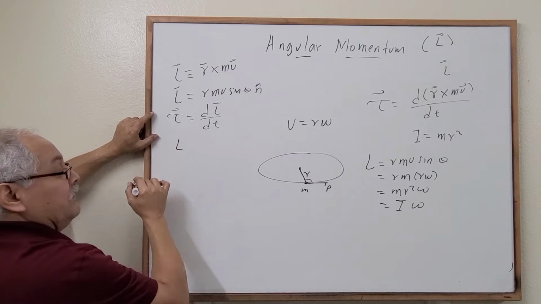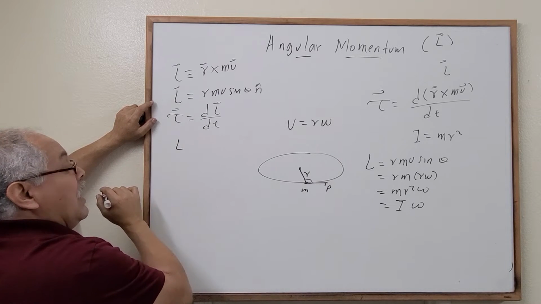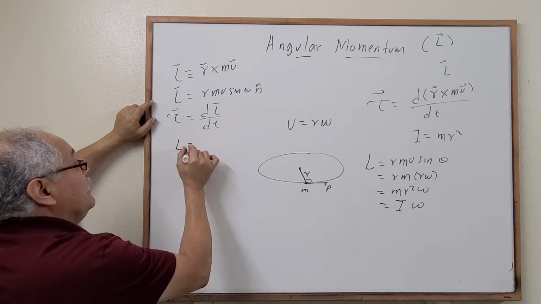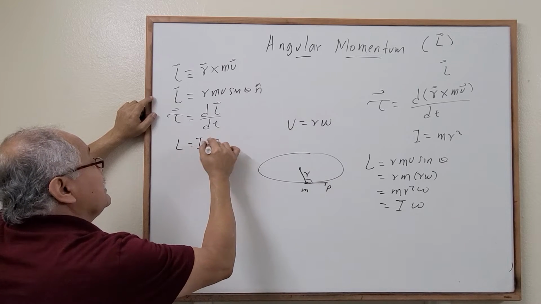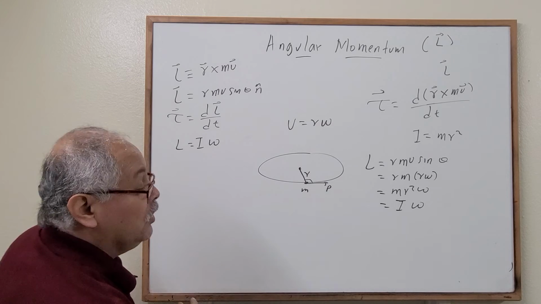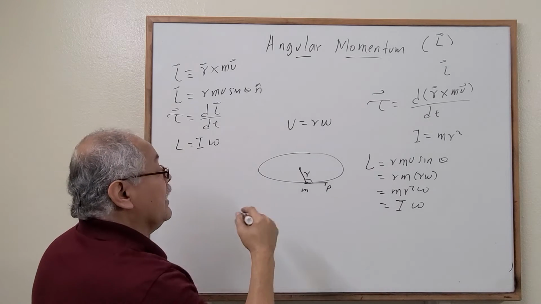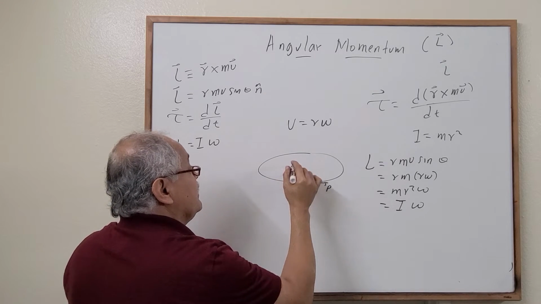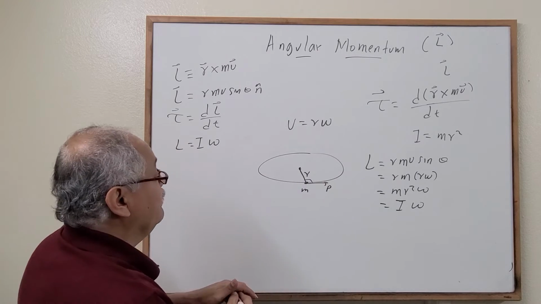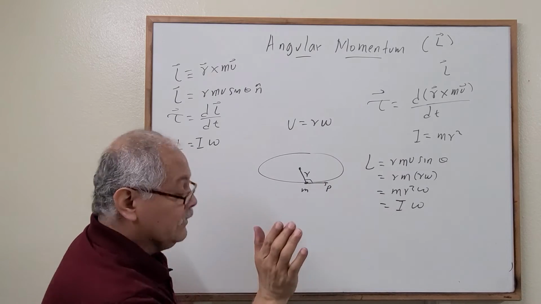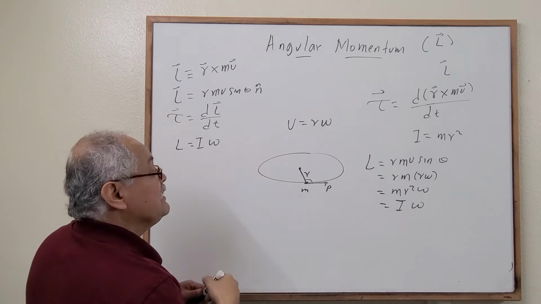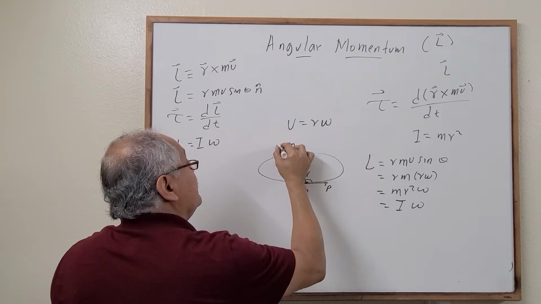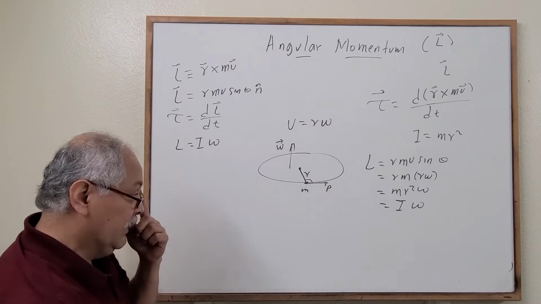So the magnitude of the angular momentum equals the moment of inertia times omega. We know from the previous chapters that when we have a particle moving in a circular path and we're looking for omega, we use the right hand rule, and we found the direction of the angular velocity in this particular case.